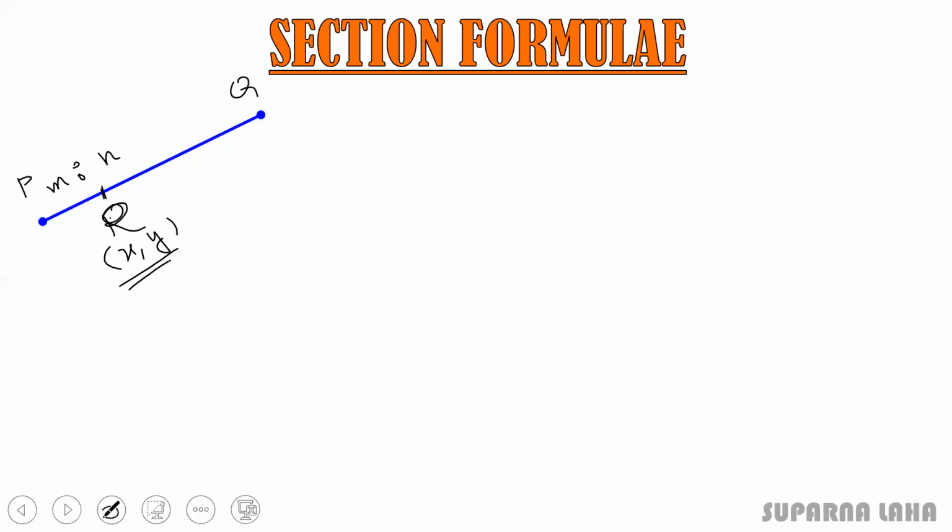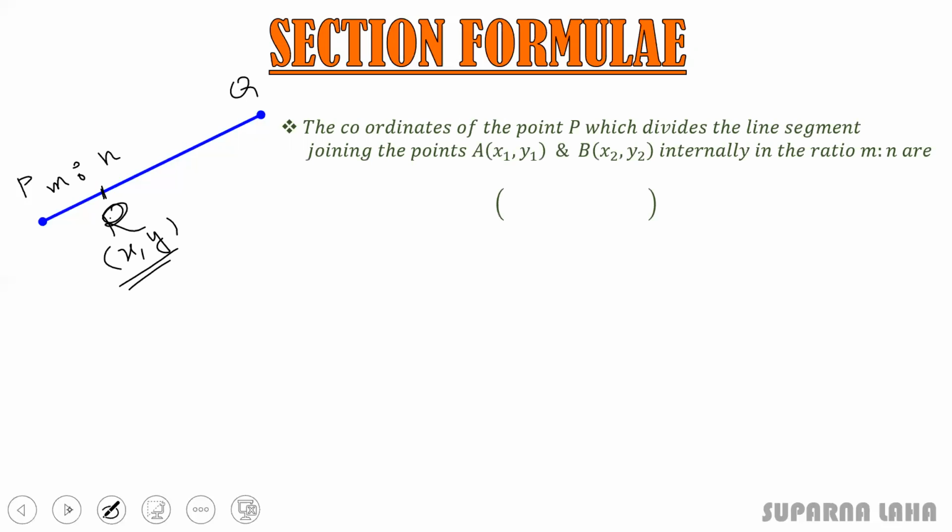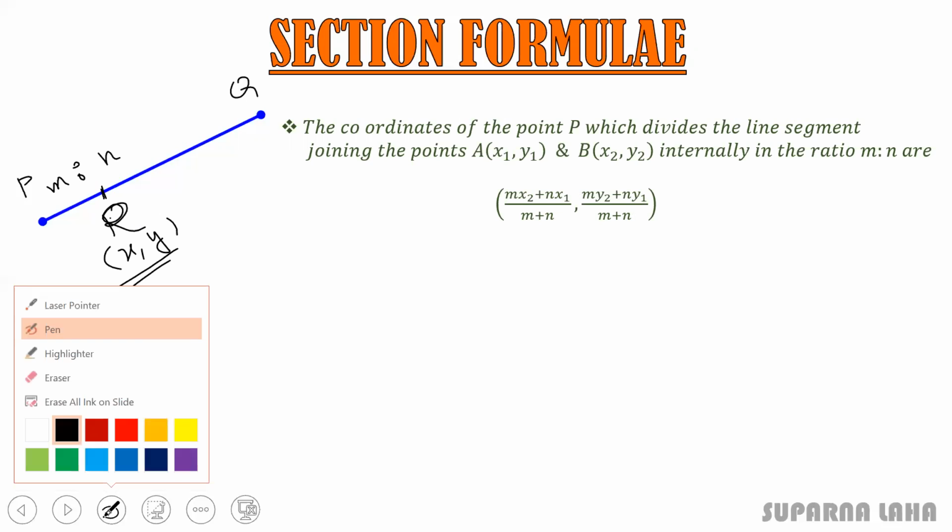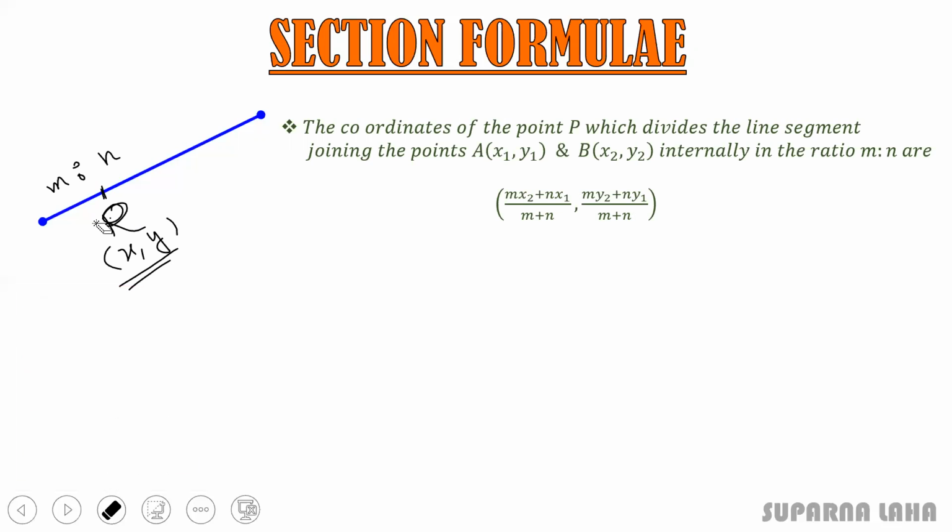How to find the values of x and y? Suppose the coordinate of the point P, which divides the segment joining A and B. Here I am taking these 2 points A and B. You can change it also. And this point is P. So just take these 2 values. A, which is x1, y1. This is B, which is x2, y2. And this is P. So you need to find the coordinate of P.